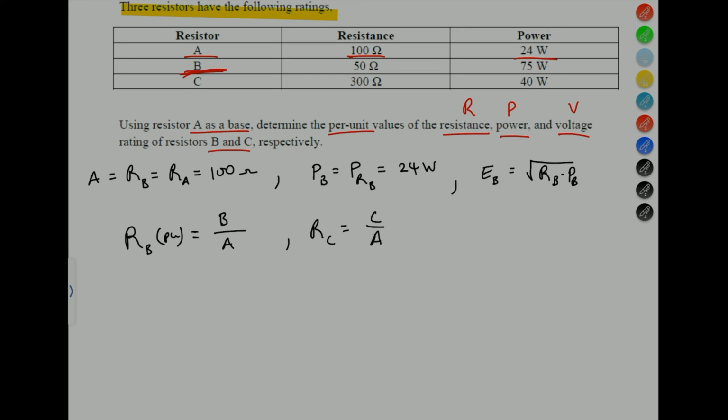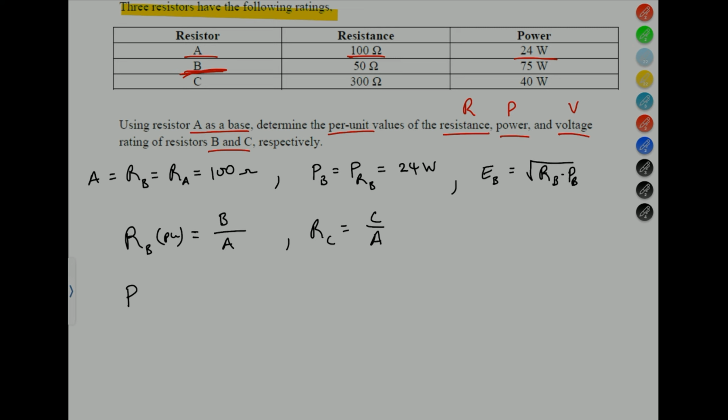And then we can also find the power. So that will be P. This is just tricky. So we're dealing with resistor B at this point, right? So let's just put RB. It's kind of confusing.